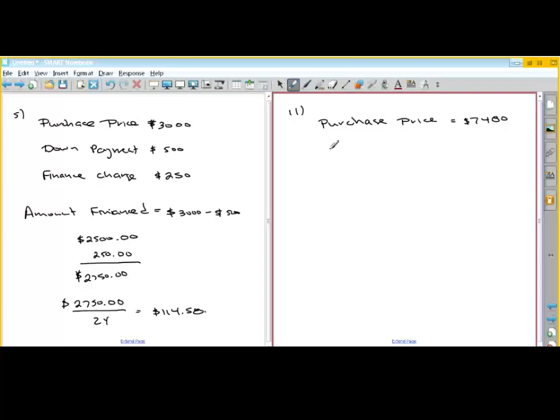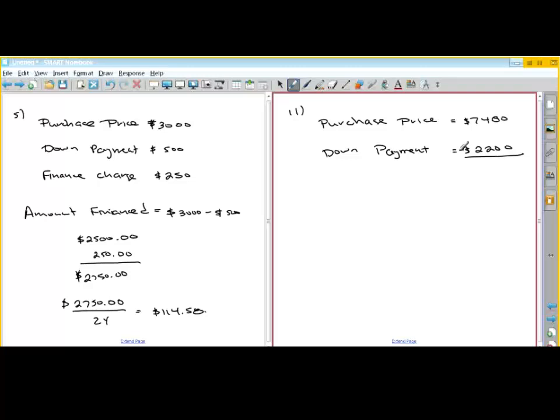And then we have the down payment. So the difference between the two of those is the amount that I have to finance through a loan. So this is $2,200.